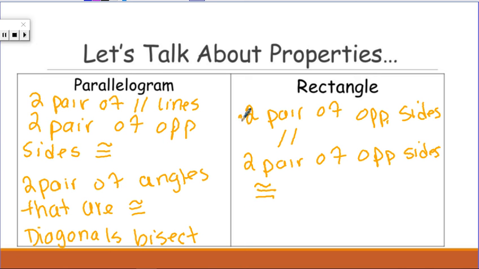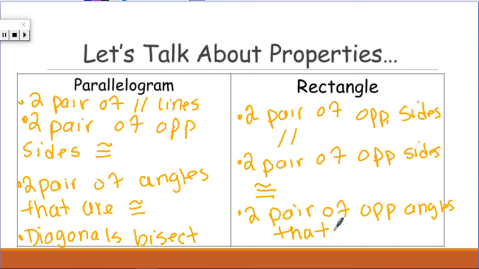You also have two pairs of opposite angles that are congruent, and the diagonals are congruent.